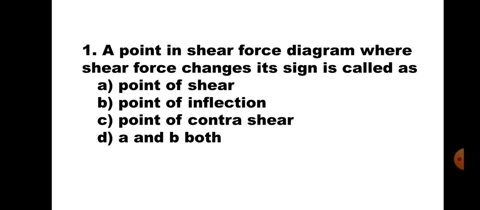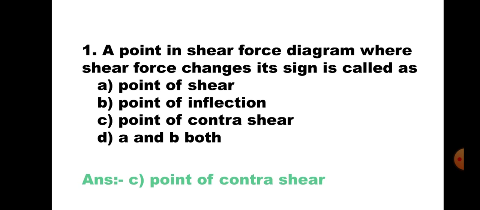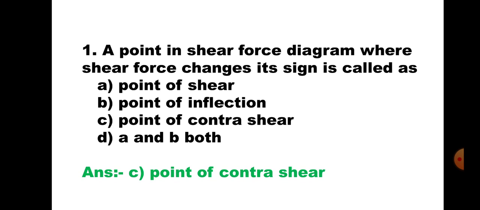At that point, the shear force before the point and shear force after the point are of opposite signs, hence they are contradictory, hence it is known as the point of contra shear. Hence the correct answer is C, point of contra shear.